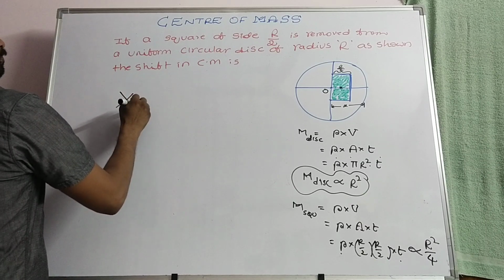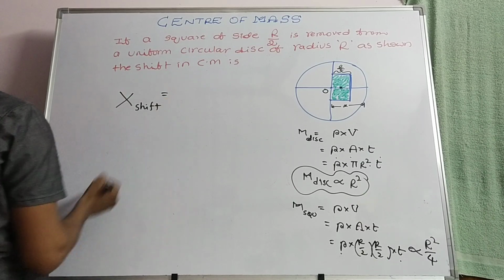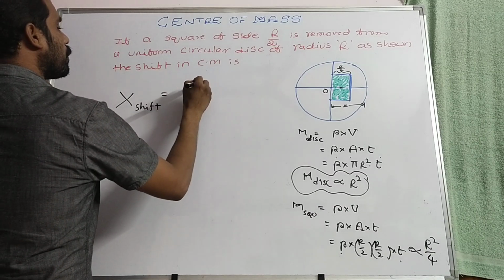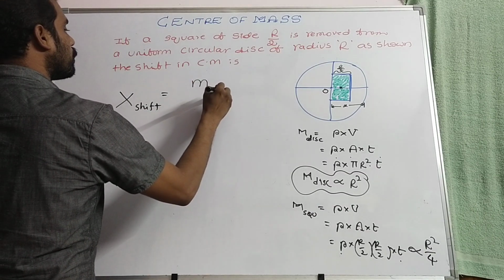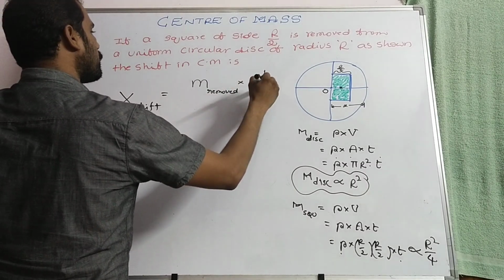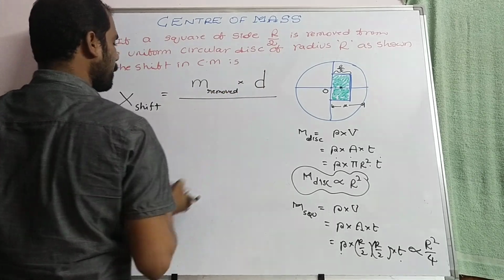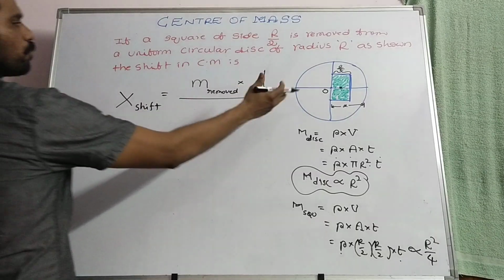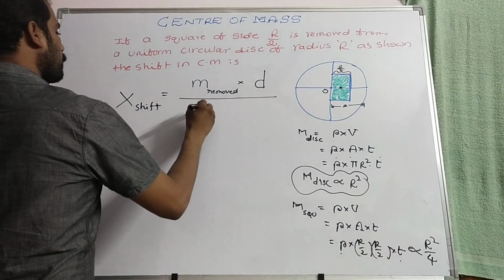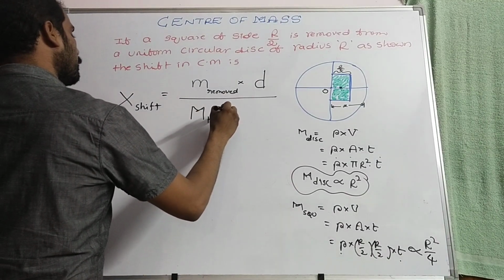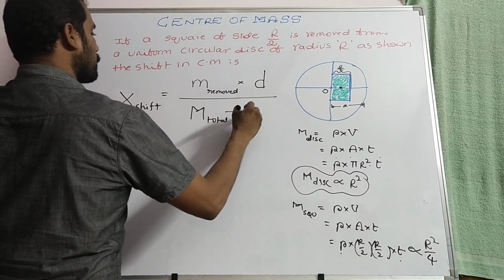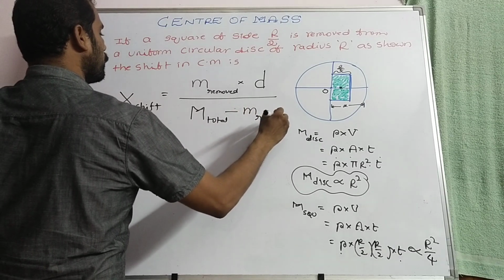So x shift is equal to the shift of center of mass, which is equal to the mass of the removed part into distance d, the distance between the two, divided by total mass M minus M removed.